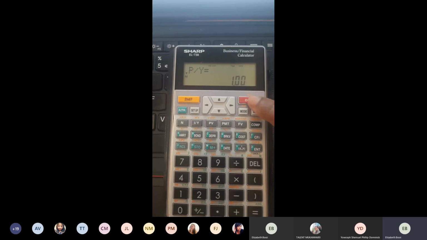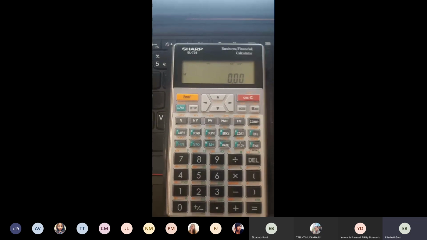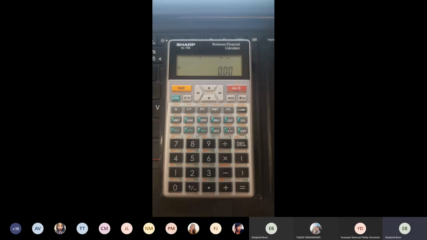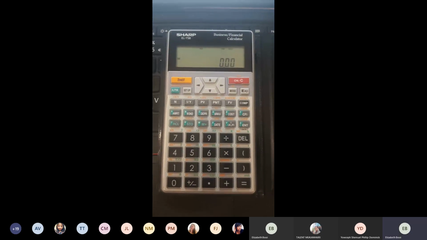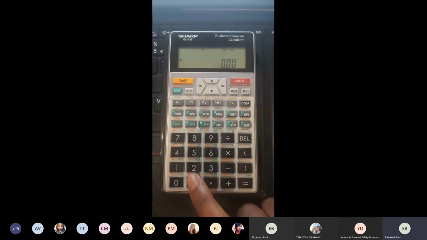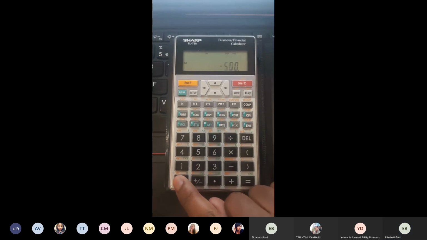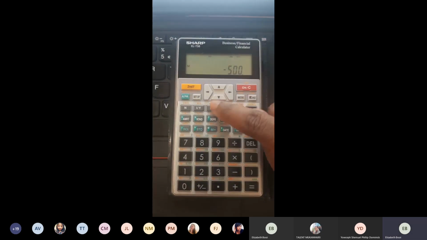And then we can turn our calculator on and off. Now we are ready to put in all the other values. So we start with plus or minus 500, and we're going to store that as our present value.